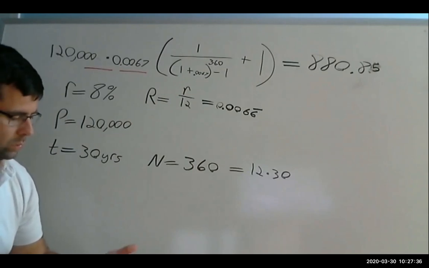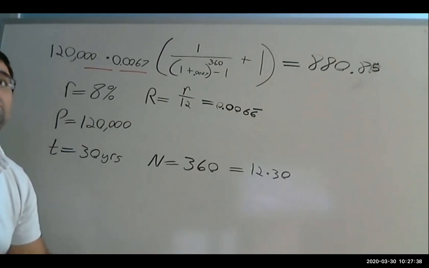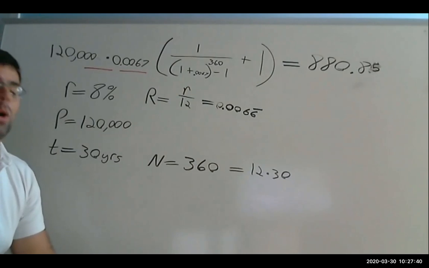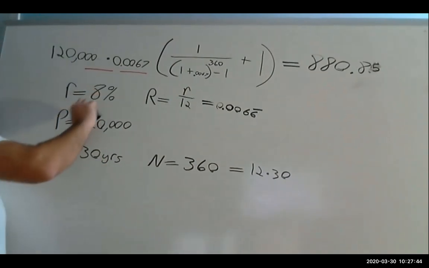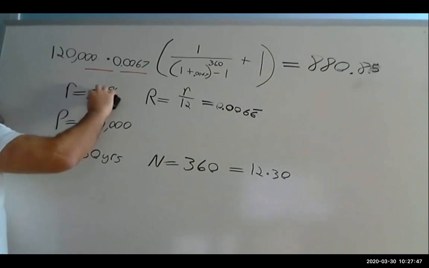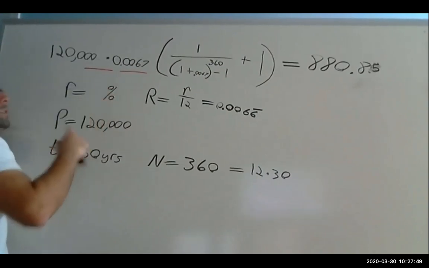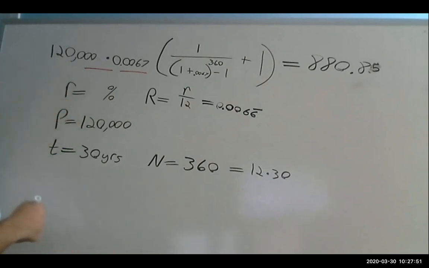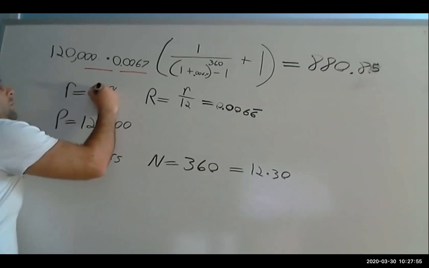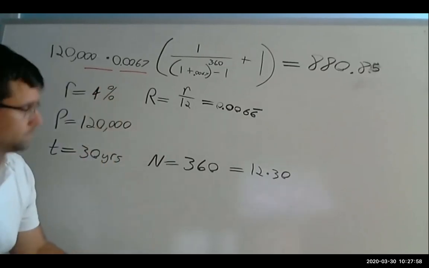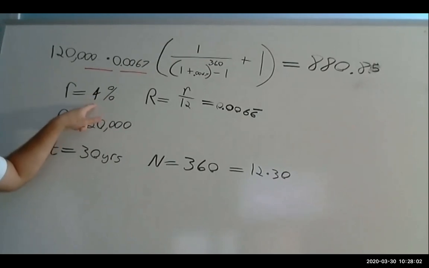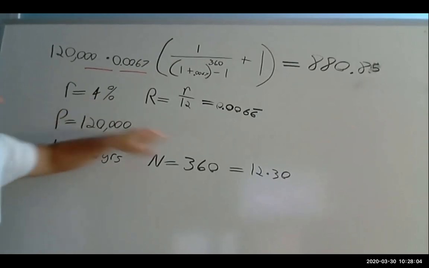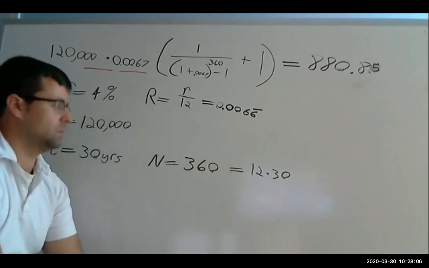Pretty simple, straightforward. It's what we expected to get. But now, the only thing we're going to do is change the rate from 8% to 4%. So if this is now 4%, what does that equal?